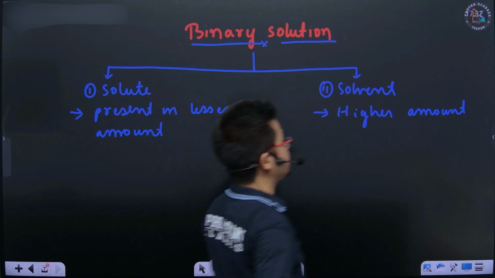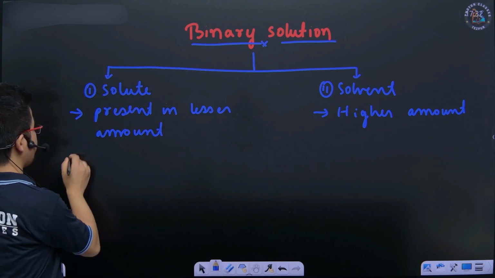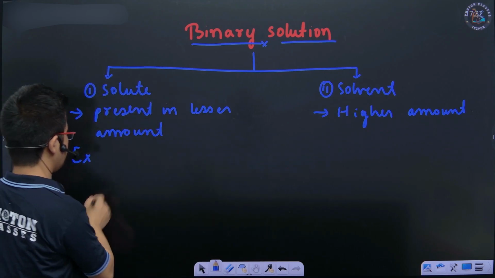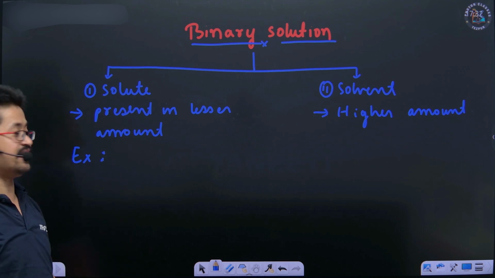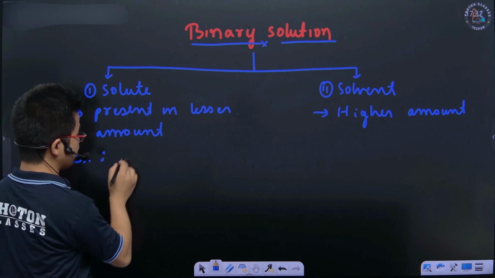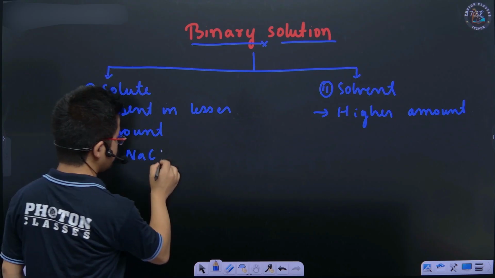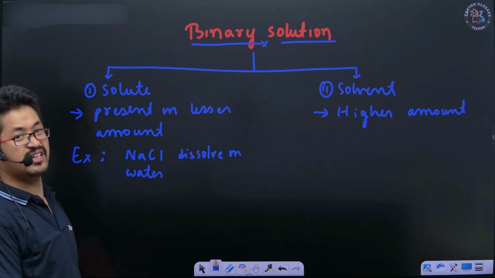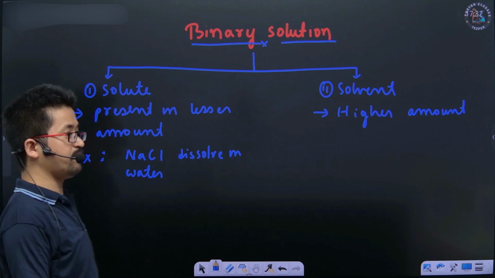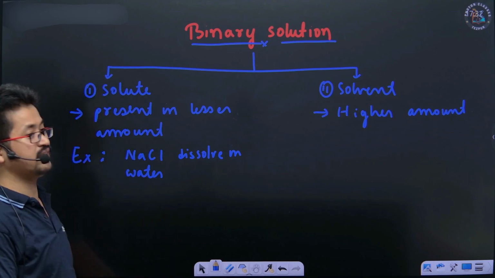Okay, fine. For example, let us discuss the previous case where we dissolved NaCl in water. As you know, this is a binary solution. NaCl is one of the pure substances here, and the other pure substance is water.